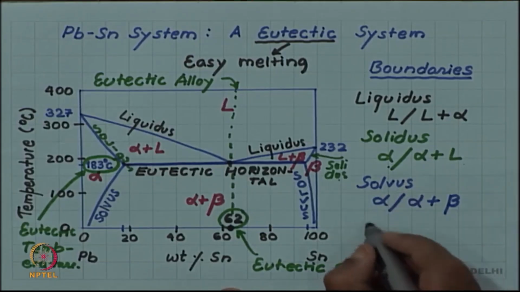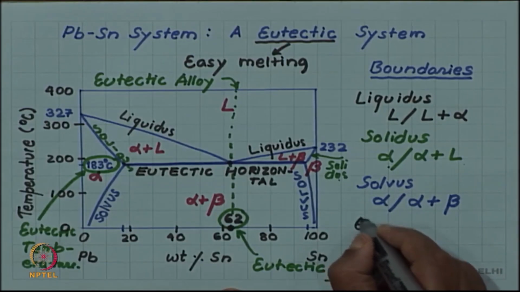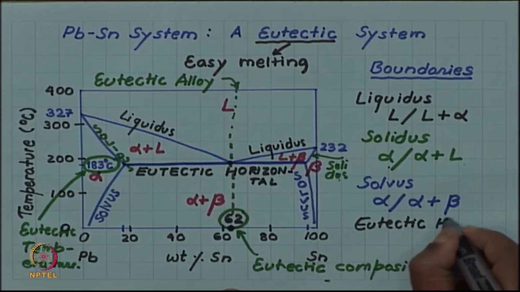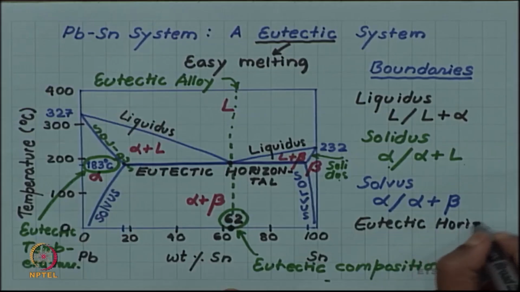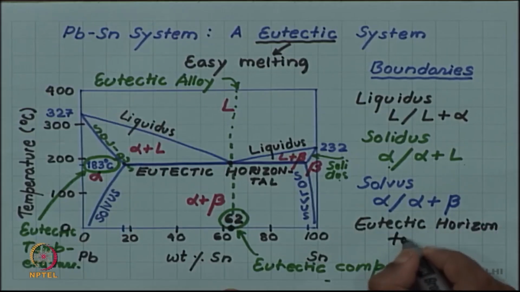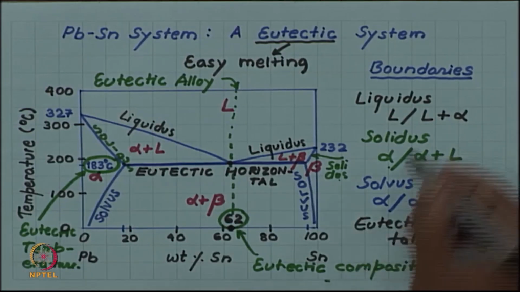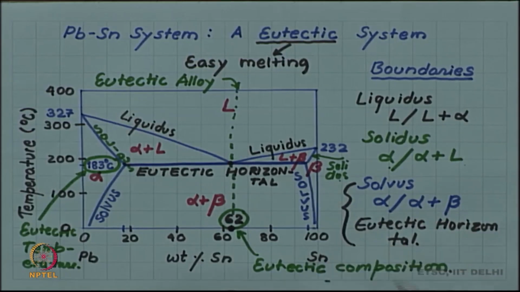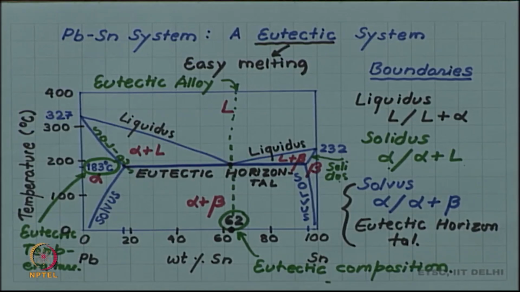So, in boundaries I have one more boundary which is called the eutectic horizontal. So, you had met liquidus and solidus in the isomorphous system also. The eutectic system gives you two more, two new kinds of boundaries, the solvus boundary and the eutectic horizontal.